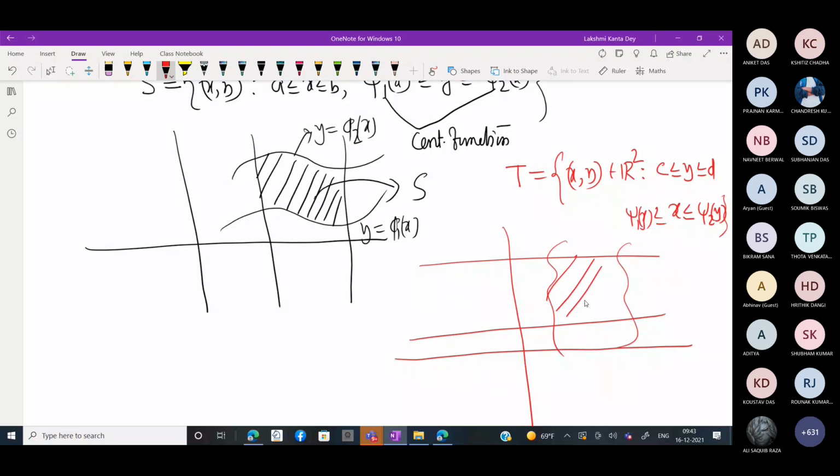This is x equal to psi2(y), and this graph is x equal to psi1(y). These two are continuous functions again. So this is bounded by two continuous functions psi1(y) and psi2(y). This region is known as your T.